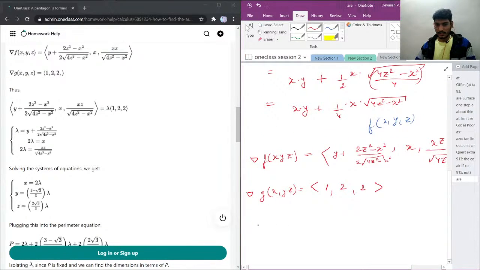So this equation was y plus 2z square minus x square over 2 times under root of 4z square minus x square, x, and xz over square root of 4z square minus x square, which is lambda times 1, 2, 2.